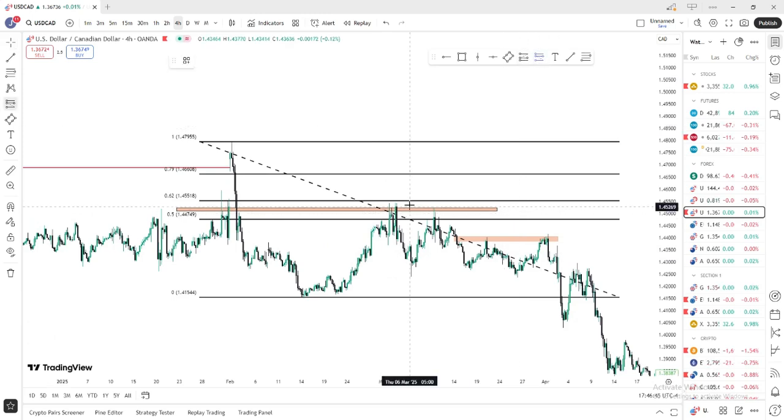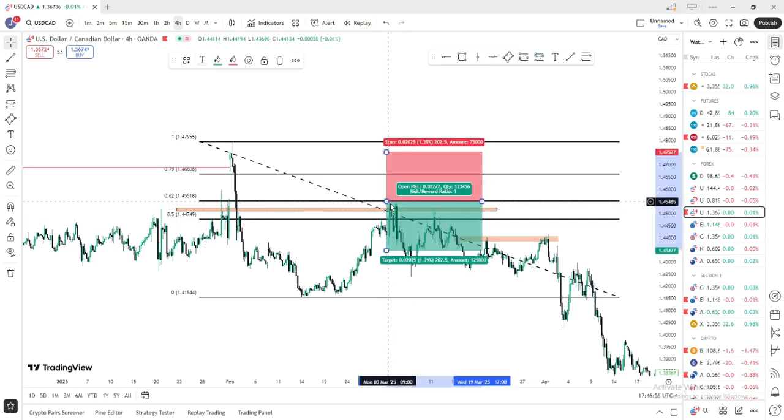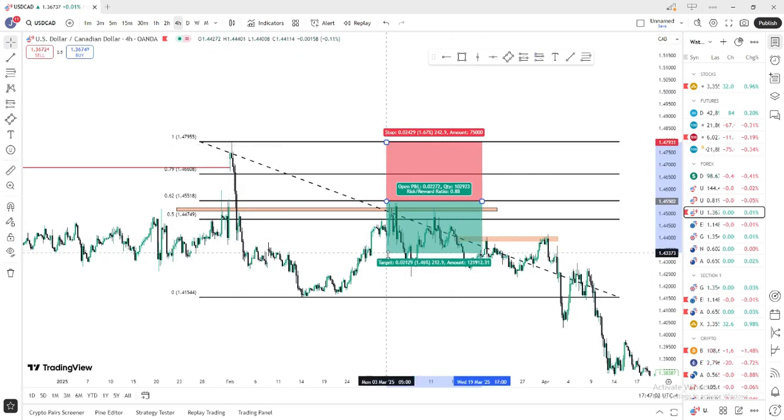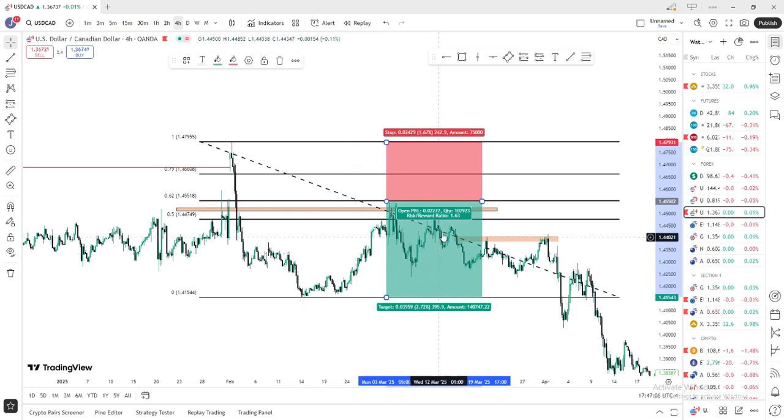Let's try, for example, this short. There was a reason I used this here, so you can try this. For example, your stop loss will always be at the beginning of the swing right here, coming down to this other swing low right here.